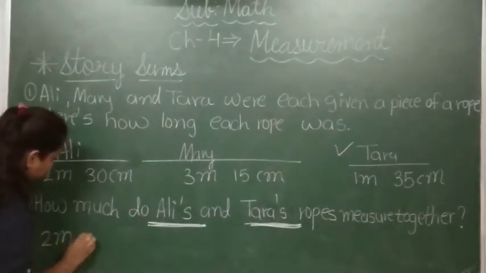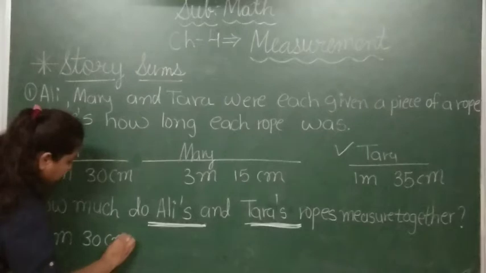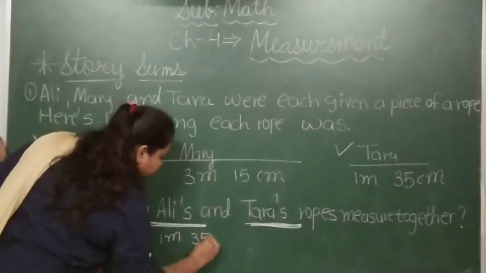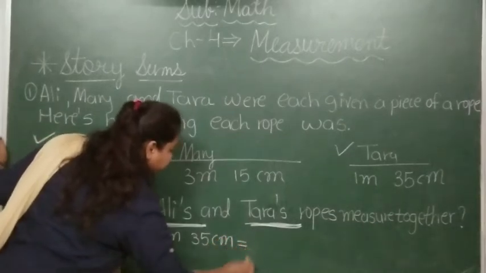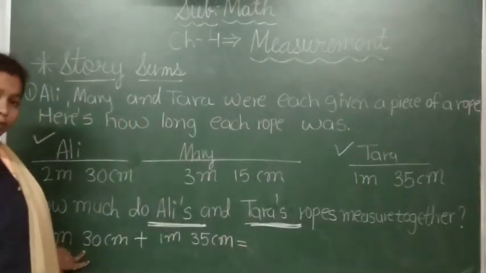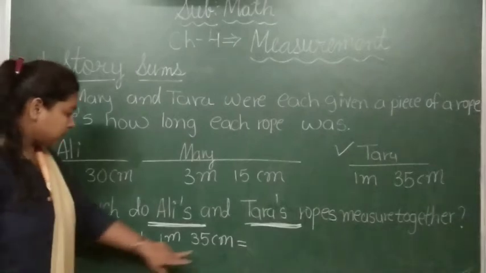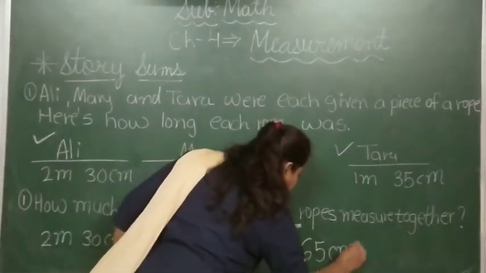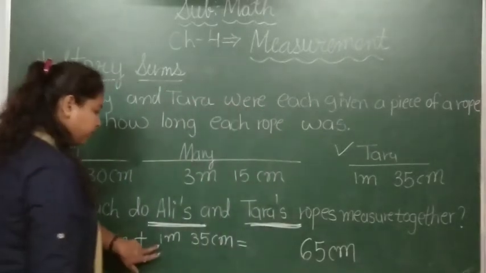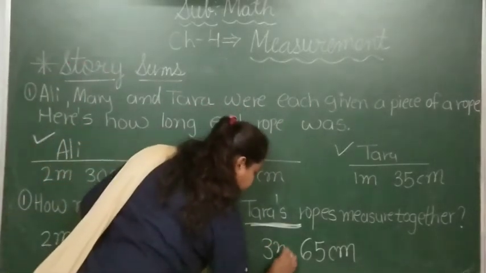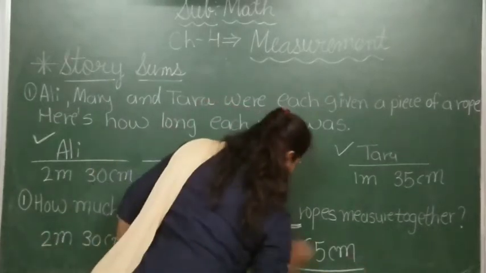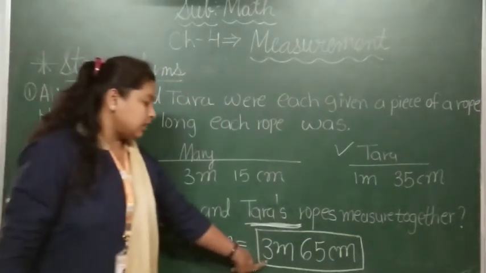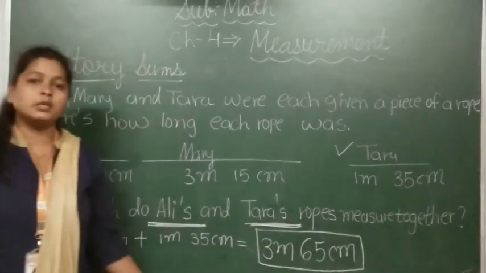Addition करेंगे. 2 meter 30 centimeter plus 1 meter 35 centimeter. So क्या होगा? First as we are doing centimeter, so 30 plus 35. तो यहाँ पे क्या मिलेगा आपको? 65 centimeter. Now 2 meter and 1 meter, so that will be 3 meter. So दोनों की total length क्या होगी अगर हम दोनों की rope साथ में करेंगे तो? So that is 3 meter and 65 centimeter.